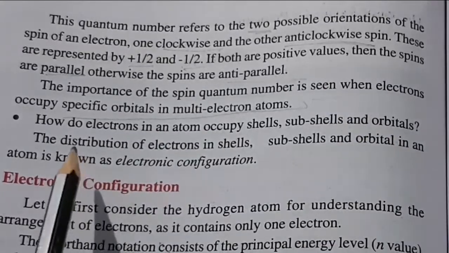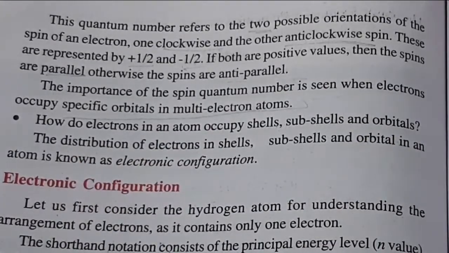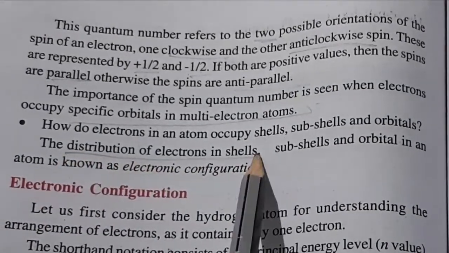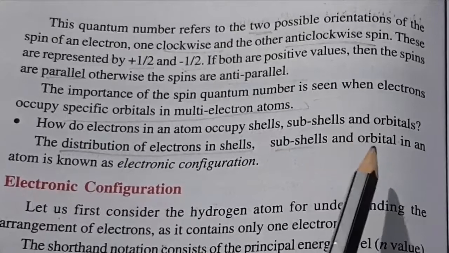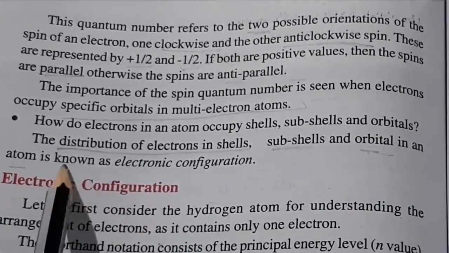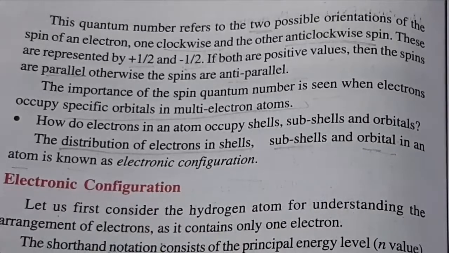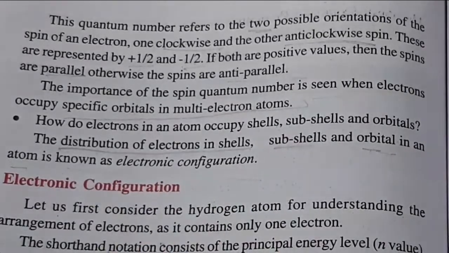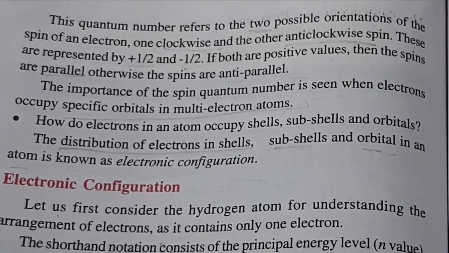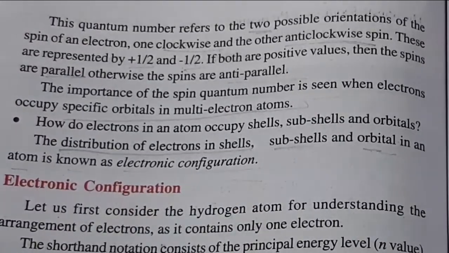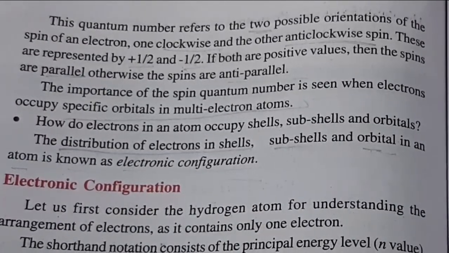The distribution of electrons in shells, subshells and orbitals in an atom is known as electronic configuration. Let us discuss electronic configuration briefly in the next class.